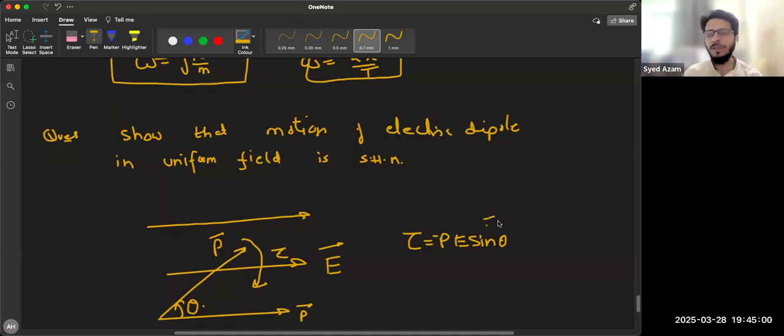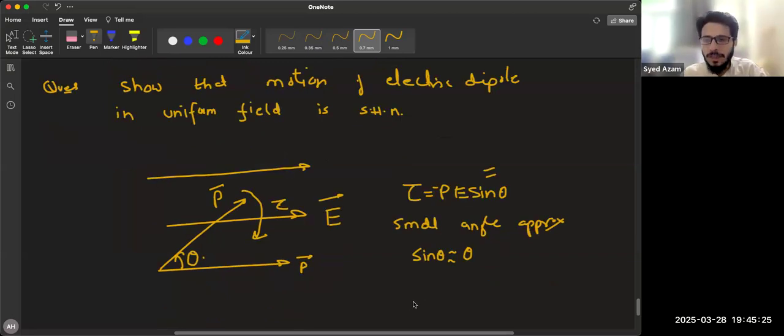At this point, it's not SHM, because for SHM, it should not be sine theta, it should be theta. So in general, this motion is not SHM, but if you take small angle approximation, then you can say that sine theta is approximately equal to theta.